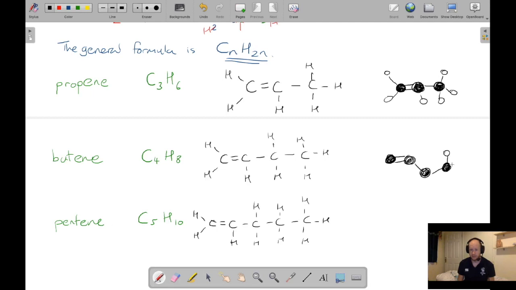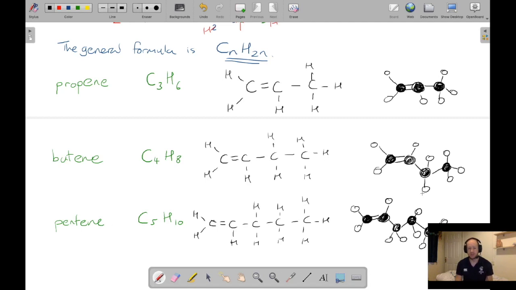Got 4 of these, with 3, 2, 1, 2 hydrogens. Here for pentene, again, show the double bond. So there's 5 carbons there. 3 on that first one, 2 on the second, 2 on that third one, just 1 on the second to last one, and then 2 over here. And here are our structures of propene, butene, and pentene.